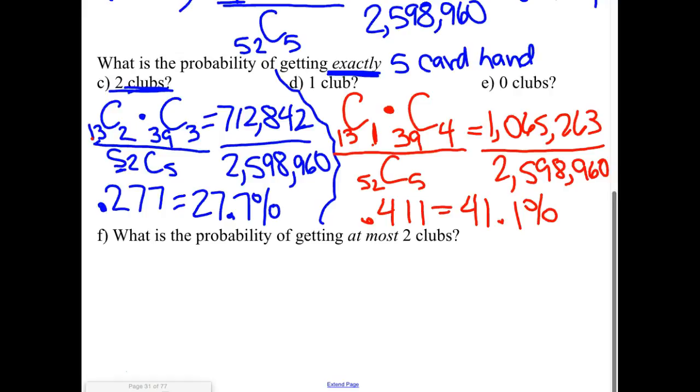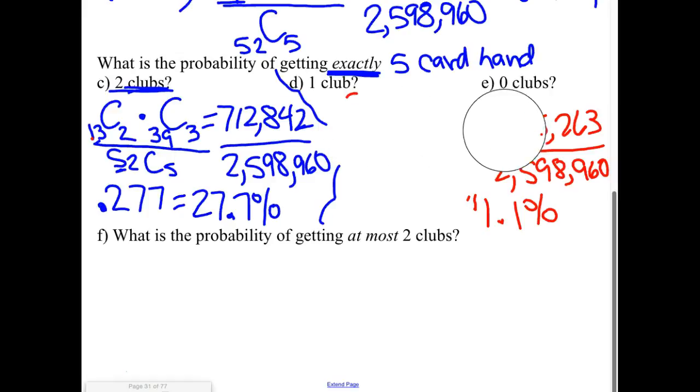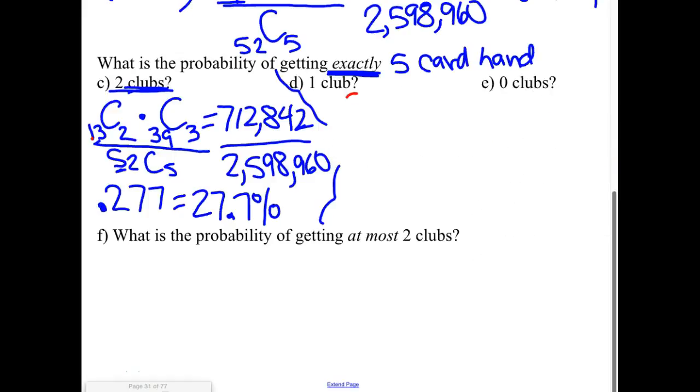Now let's talk about this last one. I'm going to have to do a little erasing. We're going to talk about the fact that we want no clubs, absolutely no clubs. So on the top, if we think about it, we are going to take out this first combination because I don't want any clubs. I hope you guys have this written down. This time, we are going to take out all of those clubs.